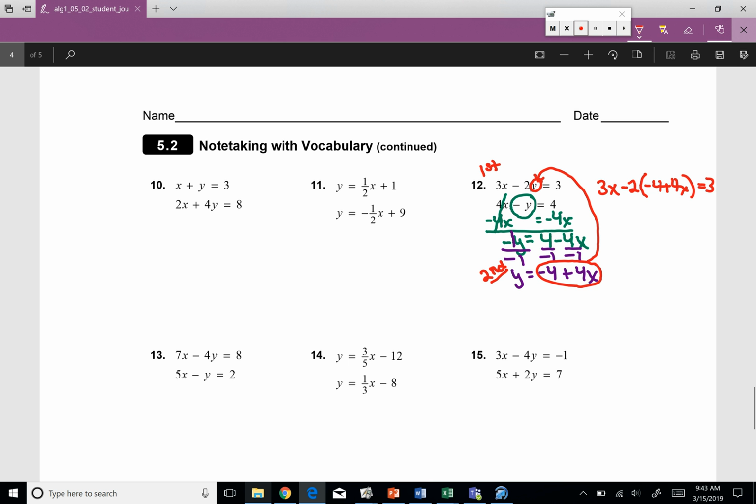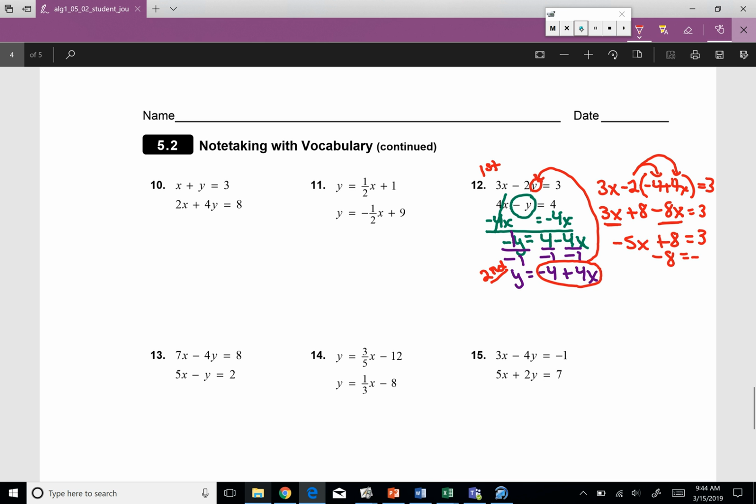Now I need to solve my equation. When you distribute, remember that 2 is negative, when I combine the 3x and the negative 8x, I get negative 5x plus 8 equals 3.